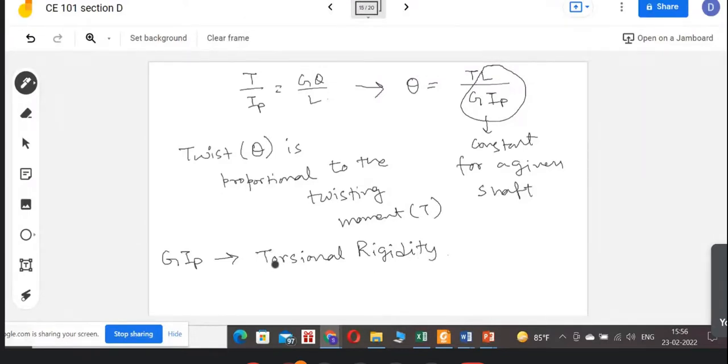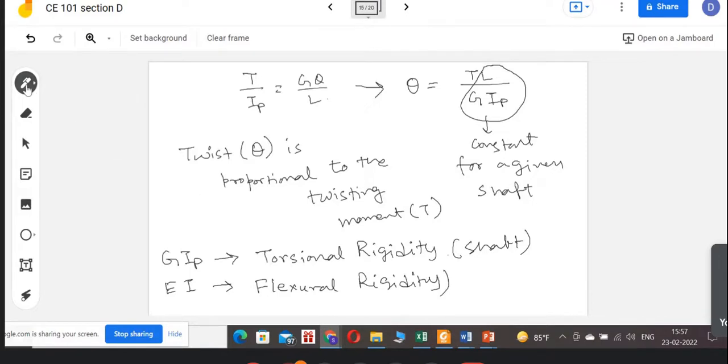So if it is asked in the question what is the torsional rigidity, you have to multiply this modulus of rigidity and the polar moment of inertia, and then the value will give you the torsional rigidity. It is similar to this E into I, and this EI is known as flexural rigidity.